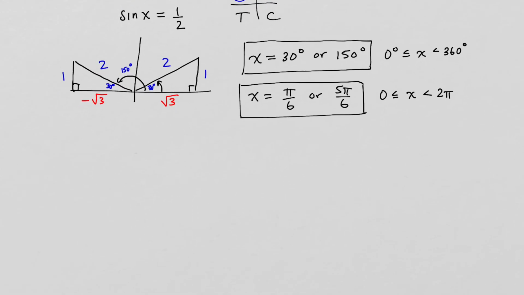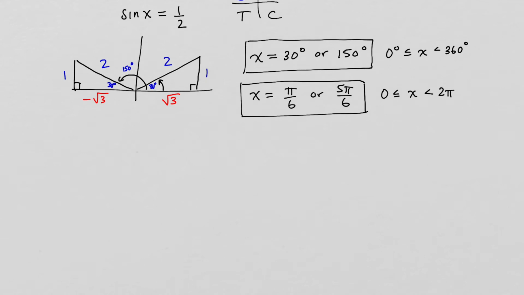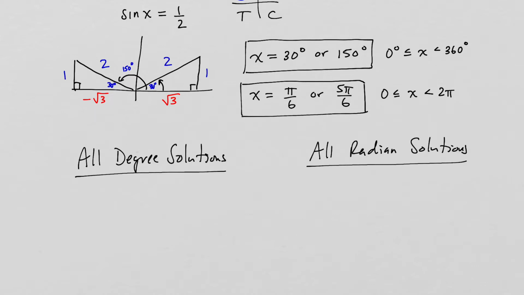However, sometimes they will ask for all degree solutions or all radian solutions. If they ask for all degree solutions, what we do is we take these two solutions, which are our fundamental solutions, and then we just have to recognize that if you take an angle like 30 degrees, and if you add multiples of 360 degrees to it, you will end up at the same angle.